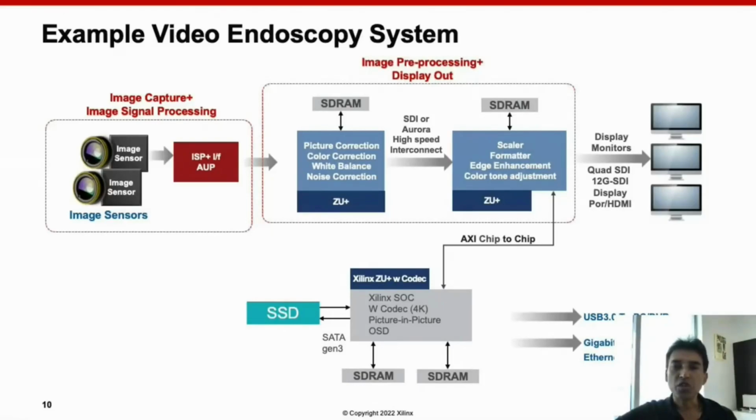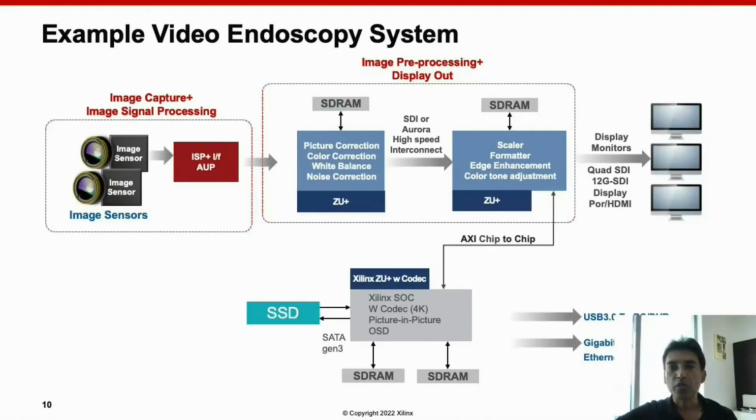The video streams are then fed to a series of cascaded FPGAs, like the Zynq UltraScale+ MPSoC, for example, to perform image pre-processing, and the streams are displayed in near real time using a DisplayPort or a quad HDMI interface to high definition monitors for the surgeon to view.